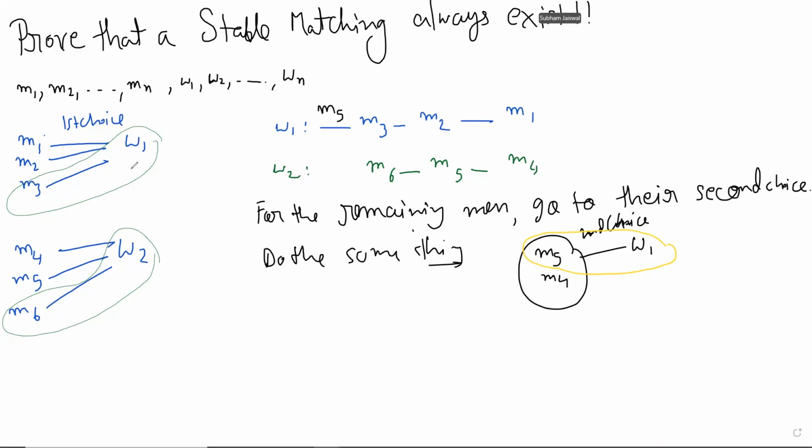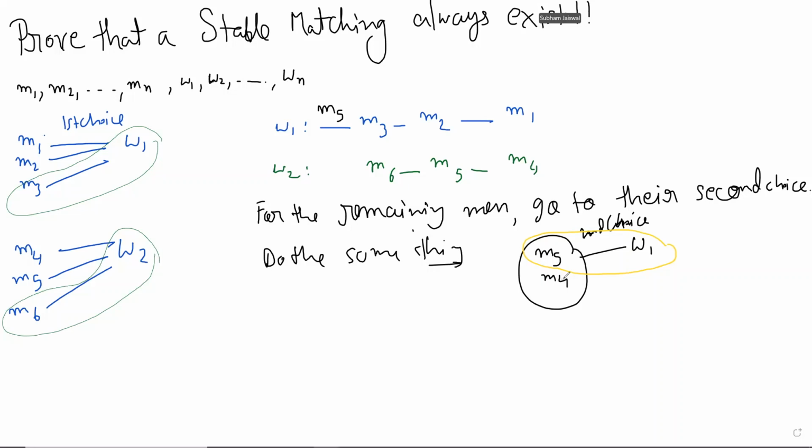Obviously, if three of them have the same first choice, then it's not possible. But otherwise the men start with their first choice, and the women's choices are improving. A woman has chosen something, and now she gets a chance to improve upon it if something happens at a later stage.